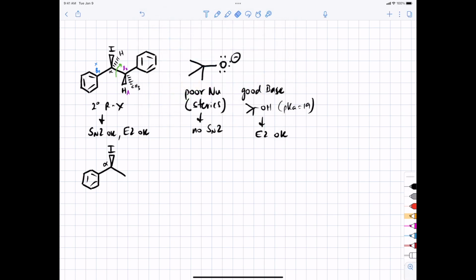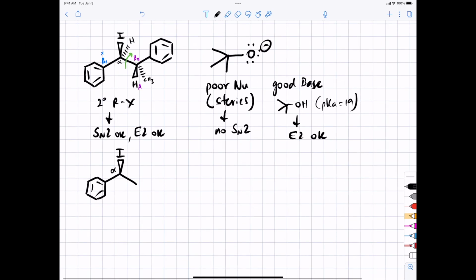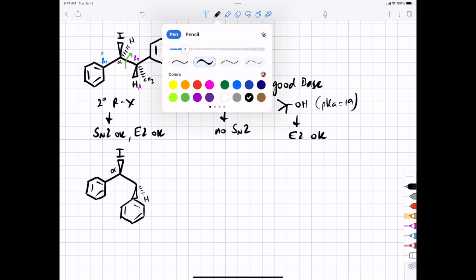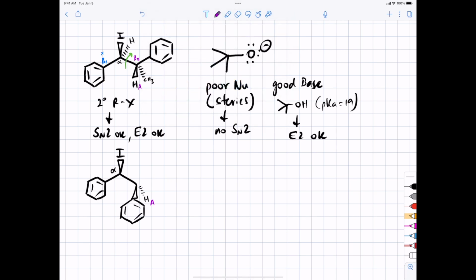And if we do that, the benzene ring, which used to be in the plane of the page, angled up towards the top of the page, is now going to be angled towards the bottom of the page and above the plane of the page. Beta proton A will be back into the page, and then the methyl group will be in the plane of the page.